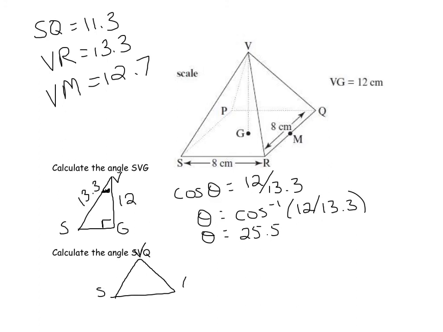SVQ. Well, here going down the middle, that was VG. So didn't we already find this angle? So wouldn't this one be the same? So angle SVQ would be double that 25.5.